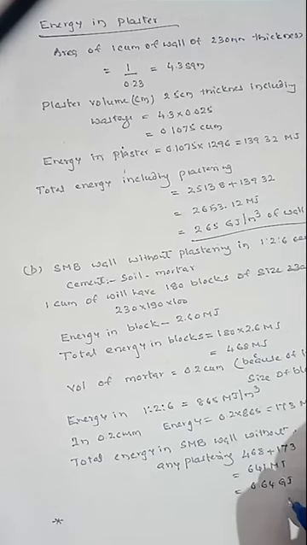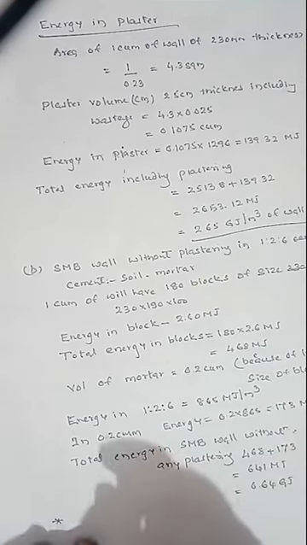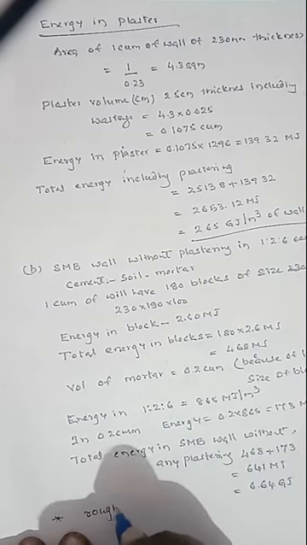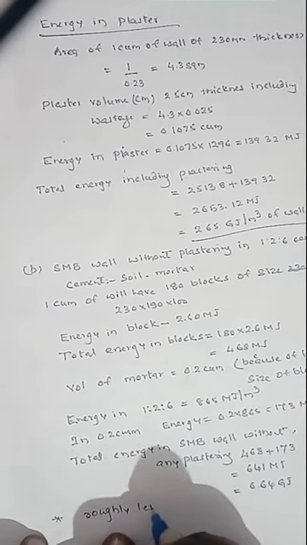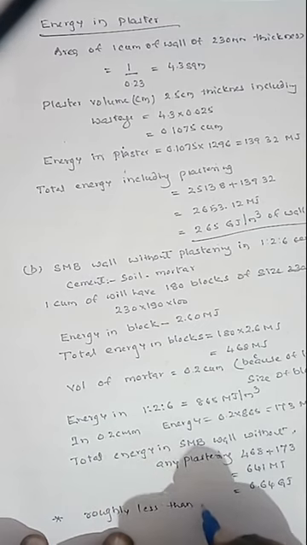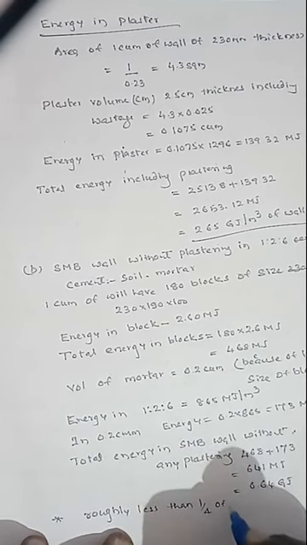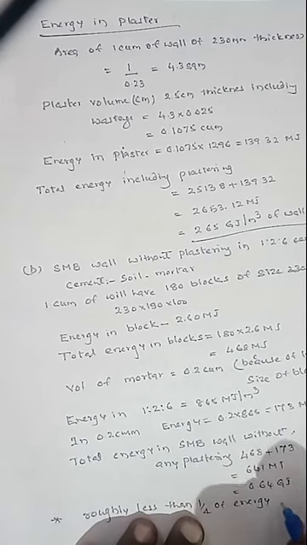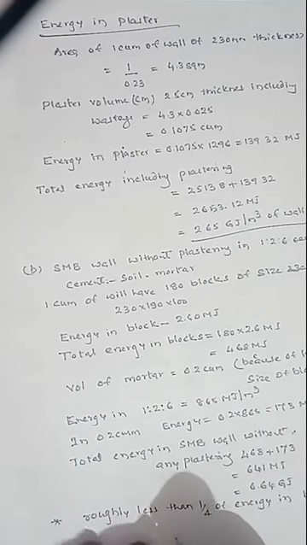Here, without plastering, this one is 0.64 gigajoules. This is roughly less than 1/4 of the energy in a brick wall with plastering.